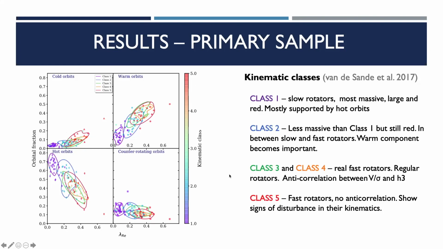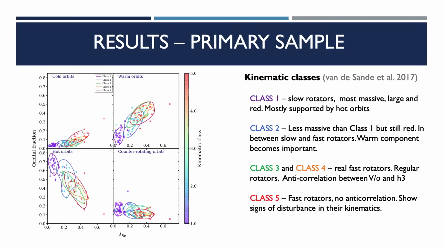Now, the other thing that I think is really important to take from this plot is that we have lots of data that doesn't have the quality to have dynamical models applied to them. So having the extra information about the higher order stellar kinematics can help us to still have a handle on what's going on inside these galaxies.